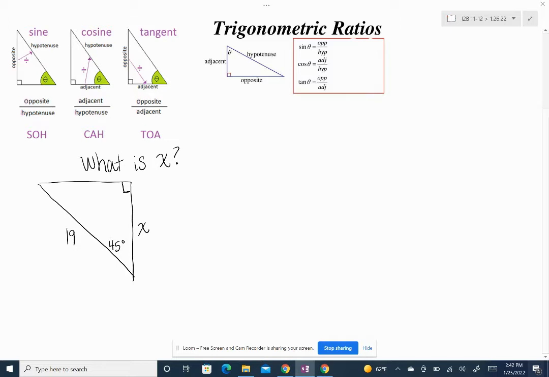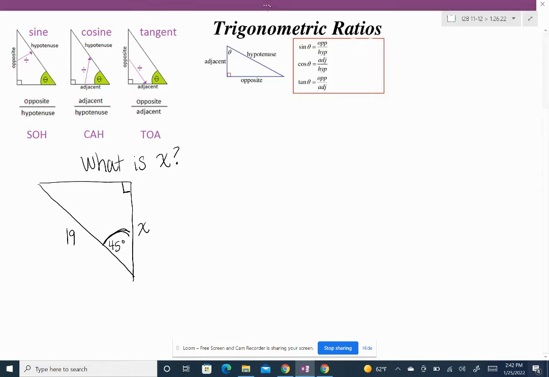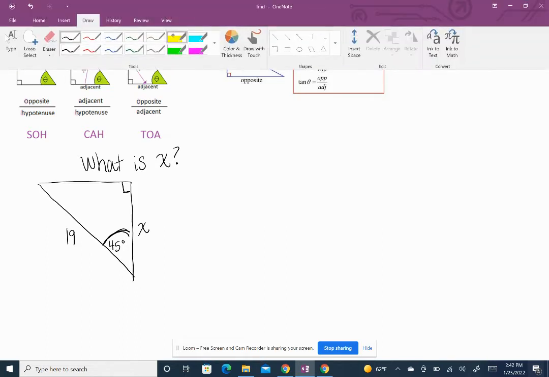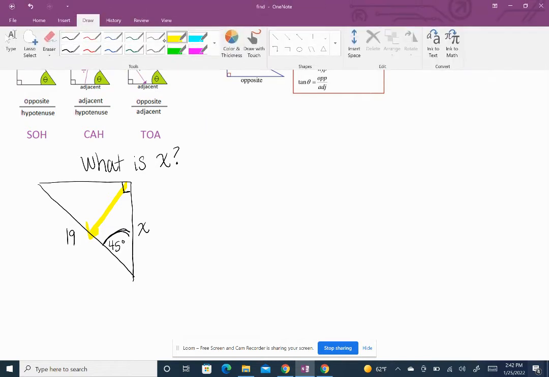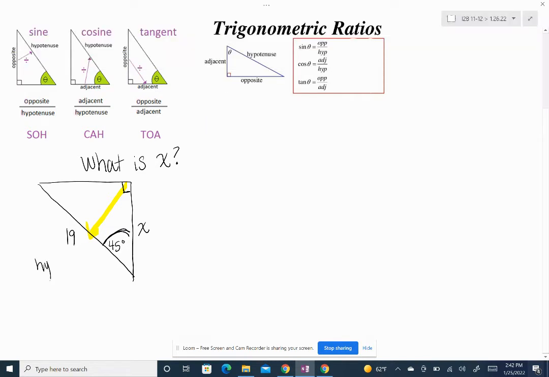So we need to figure out what we have. So this is our angle right here. We know we have the hypotenuse. And because this 19 and this x create an angle right here, this one's going to be your adjacent one.